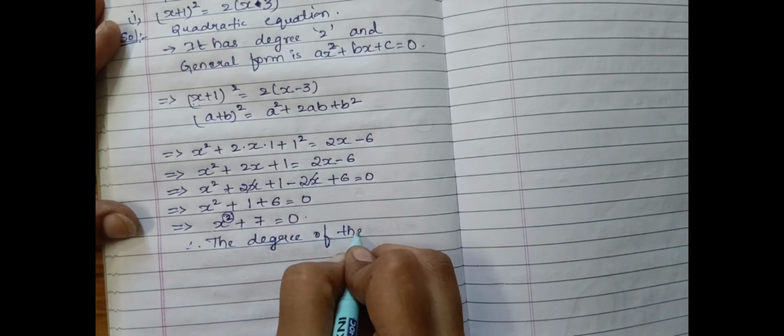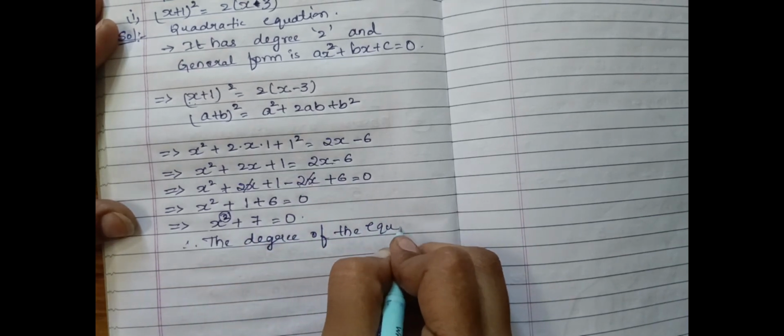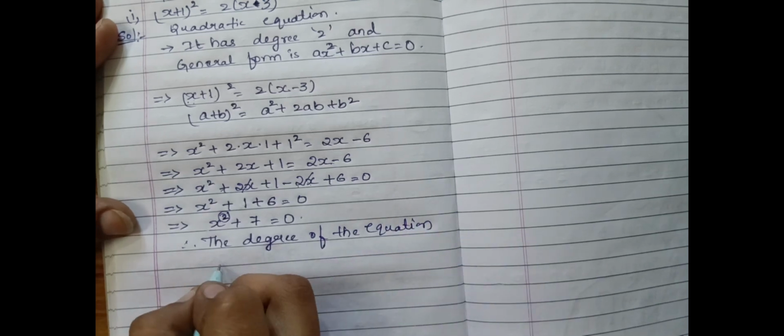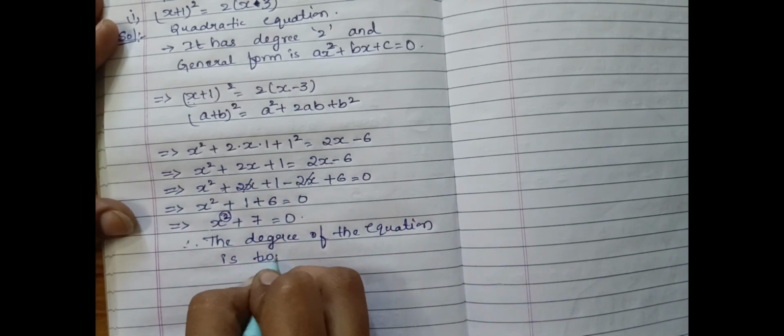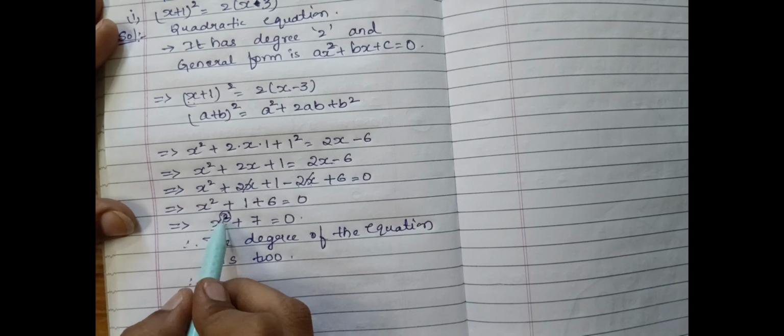Then what equation are we getting? x square plus 7 equals to 0. Then what is the degree of this? 2. So therefore the degree of the equation is 2.